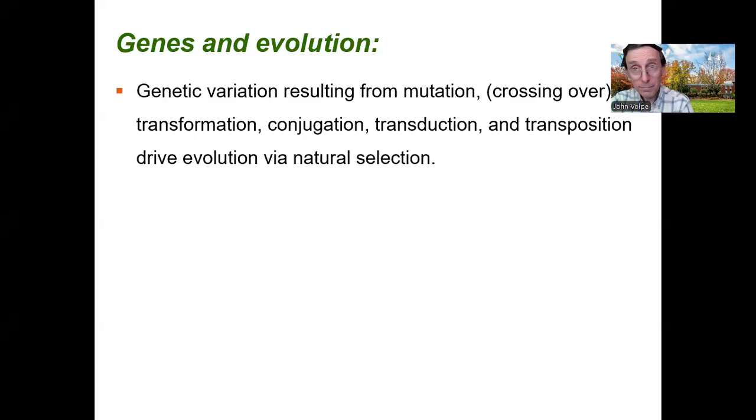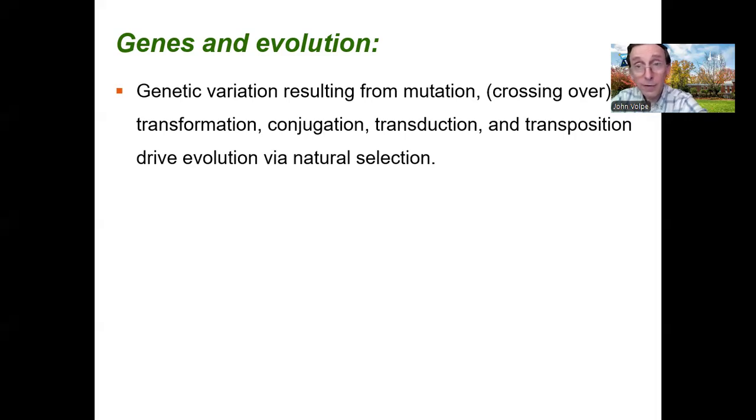Like when in crossing over recombination, you put the mother's blue-eyed allele with the father's red hair allele. And now these two alleles are combined and they're a combination, which the offspring will have and potentially pass on. Any question about any of that?